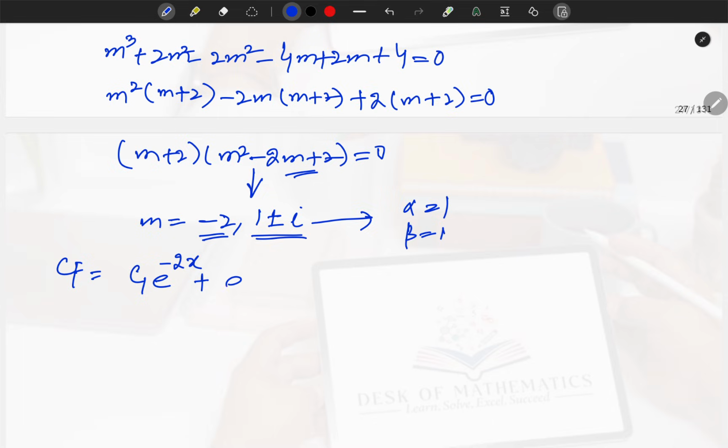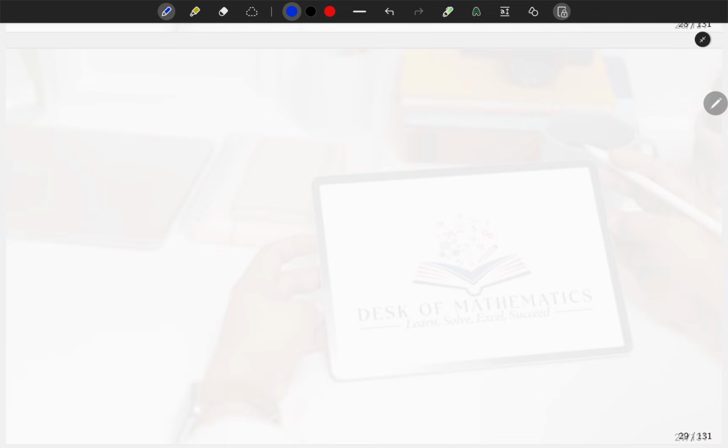So that is e raised to power alpha x, that is e to the x, times (c2 cos of beta x, beta is 1, plus c3 sine of beta x). So that is y, the solution.